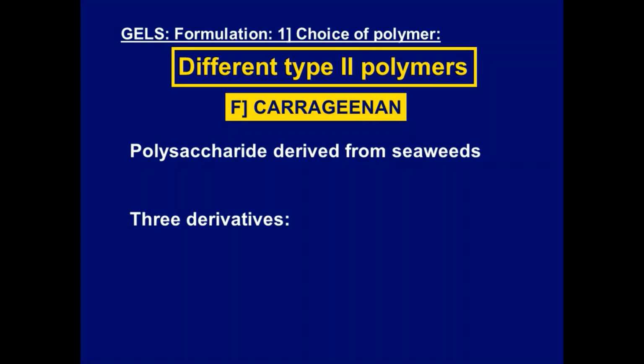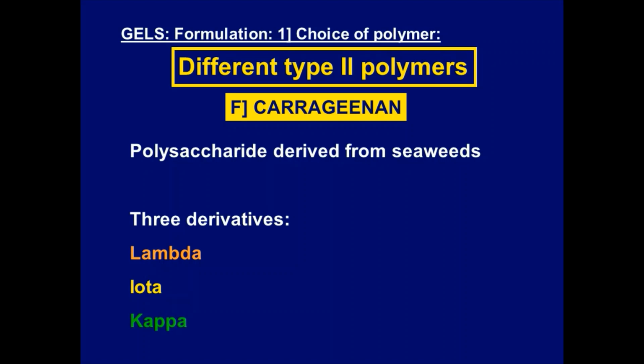Take care. This is very important. When you purchase carrageenan, take care what derivative you are purchasing. There are 3 derivatives: lambda carrageenan, iota carrageenan, and kappa carrageenan.